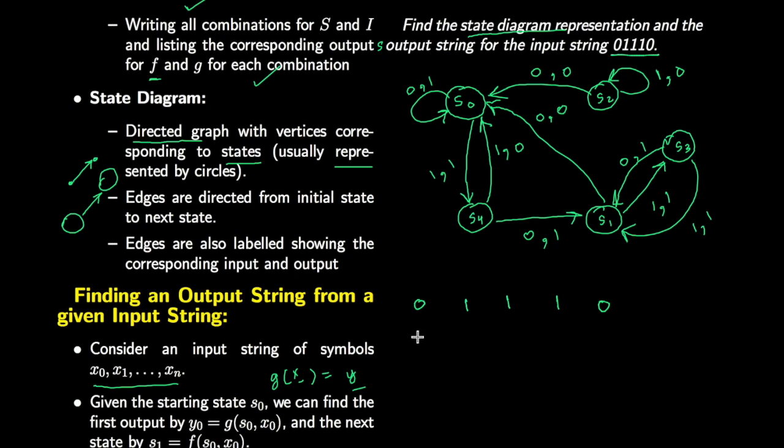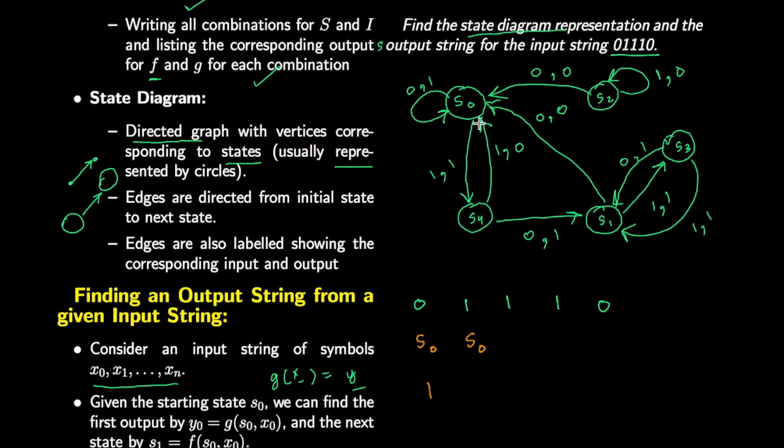So I am at S0, and I get a 0 input, and my output is 1. And my next state is again S0.